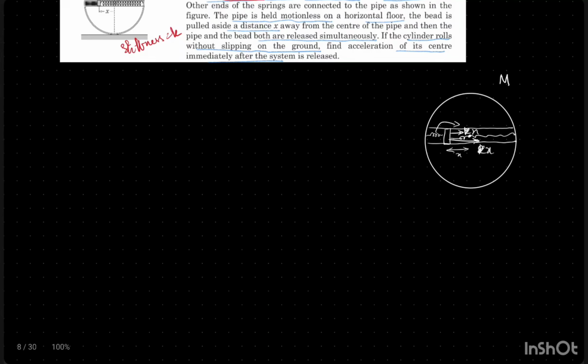So what can we do? They are asking the instantaneous acceleration of the pipe, not the center of mass of the pipe and the bead both, but the acceleration of center of mass of only the pipe. So what can we do? Let's see. There is a spring here.